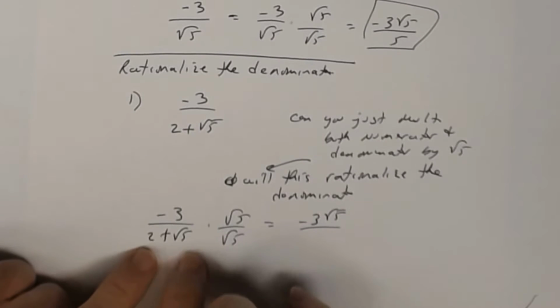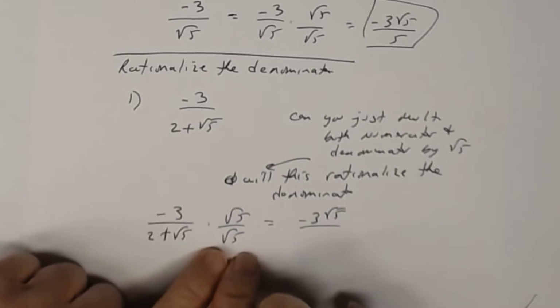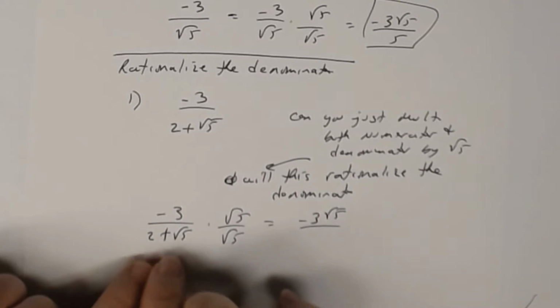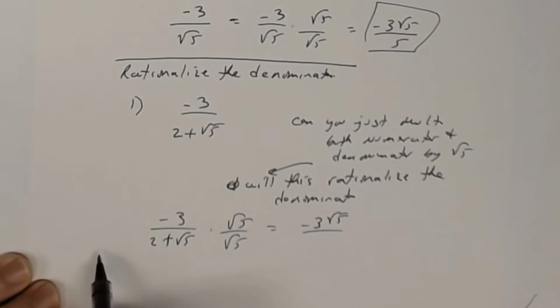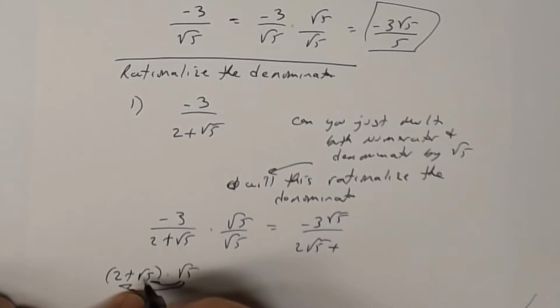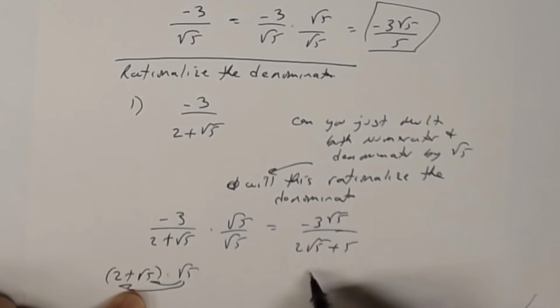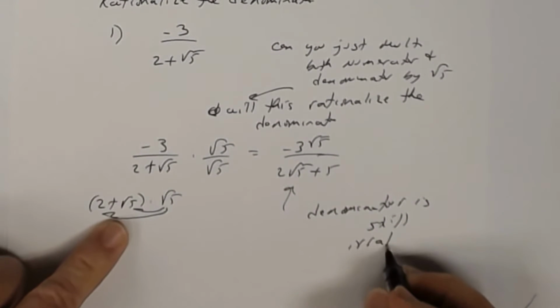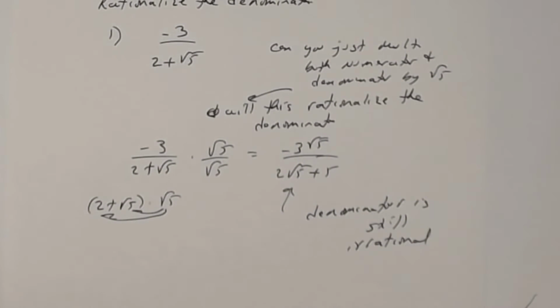But be careful. The denominator is this binomial times this monomial, so 2 plus the square root of 5 times the square root of 5. If you distribute, you get 2 square root of 5 plus 5, because the square root of 5 times the square root of 5 is 5. Notice the denominator is still irrational. So that did not work.